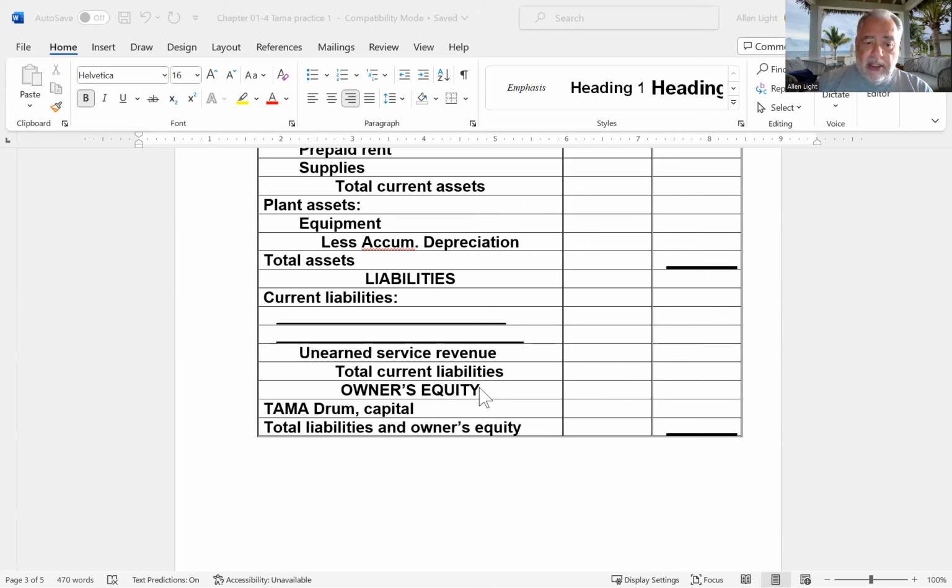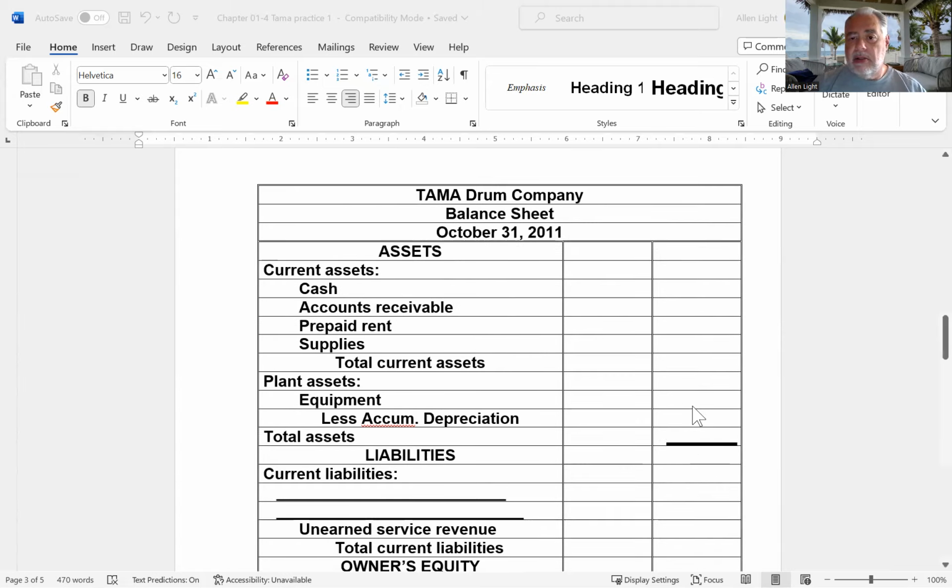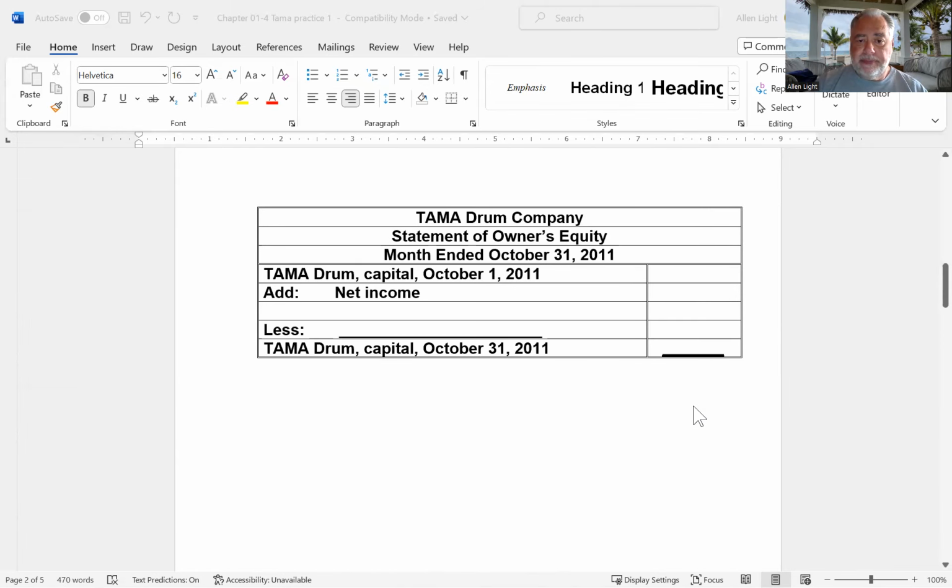The owner's equity, okay, this is a heading. There's no numbers that go here. They're blank. Okay, so we're going to put down the Tama Drum capital amount that we determined up here.